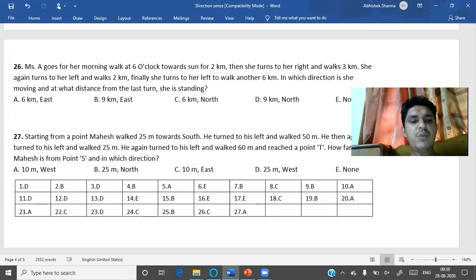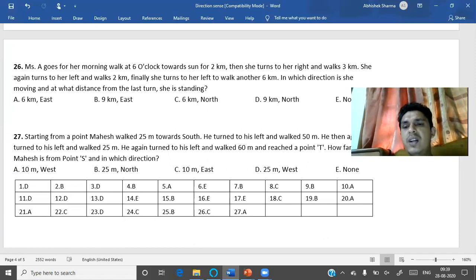The rest you can try at home, because the basic concepts and the process of how the questions are done, I have already discussed, right? So friends, that's all for the class on direction sense, part 1, where we have discussed the first level sheet. In the next video, we will go through the next level sheet of the topic direction sense, right?